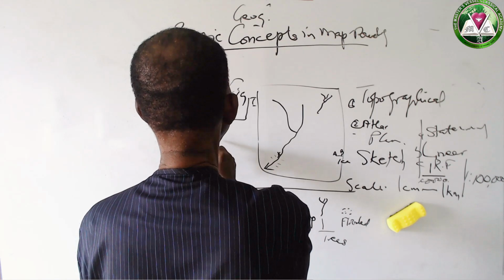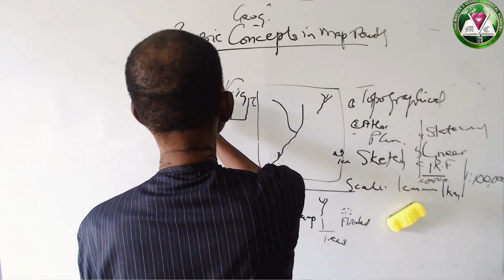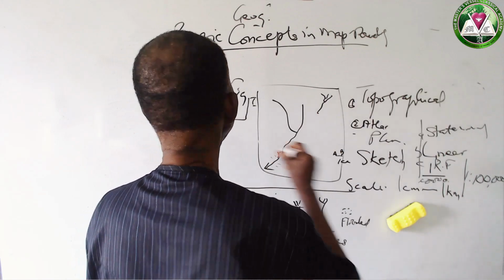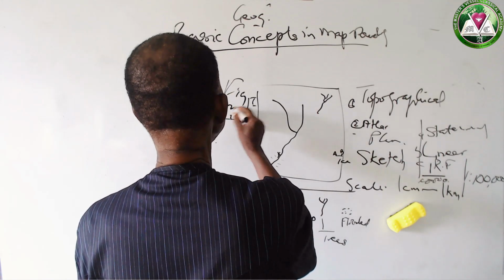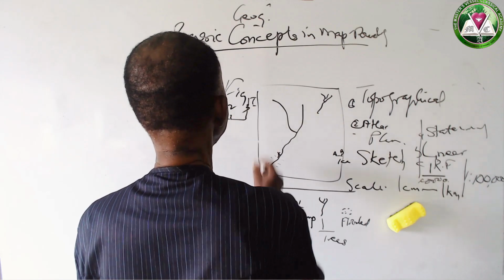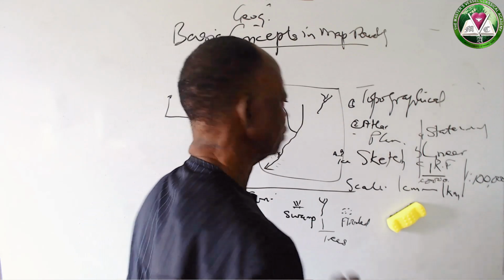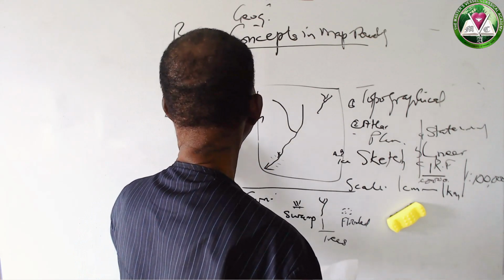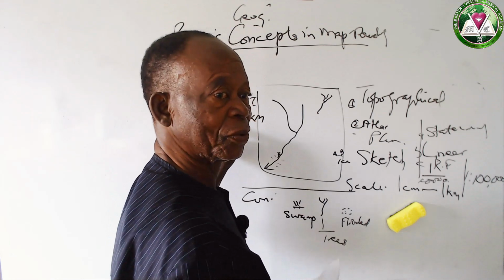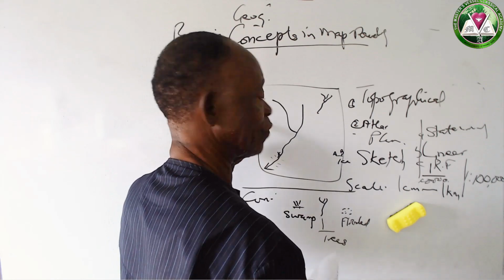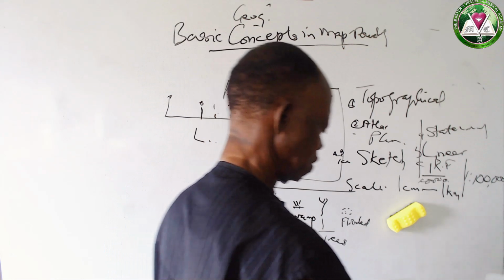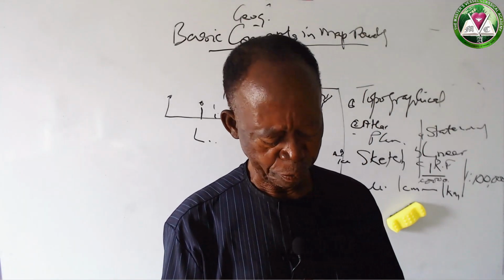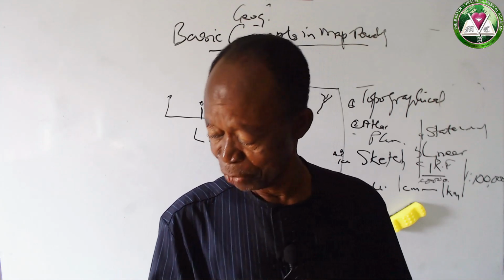When you see this linear scale, and you have 0 here, when they give you 1, 2, and 3, they will write somewhere here kilometers, meaning that from here to here, measured in the map, we represent that number of kilometers as in the field. These 2 points are also important.